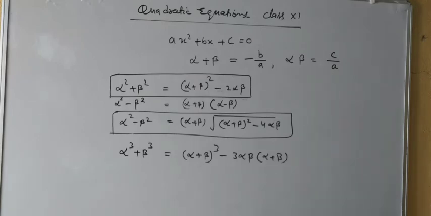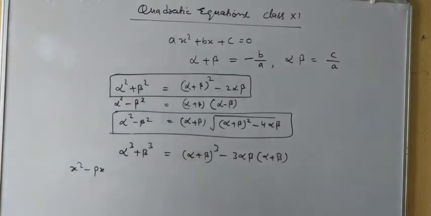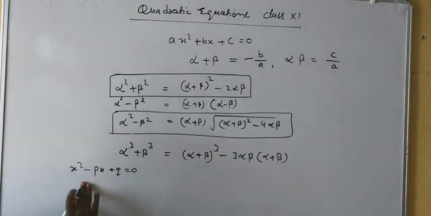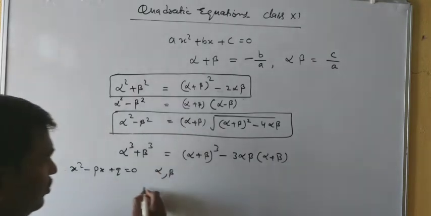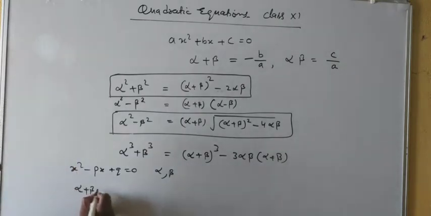For example, if alpha and beta are the roots of x square minus px plus q is equal to 0. Here alpha and beta are the roots of this equation. So we can write from here alpha plus beta is equal to minus b by a.